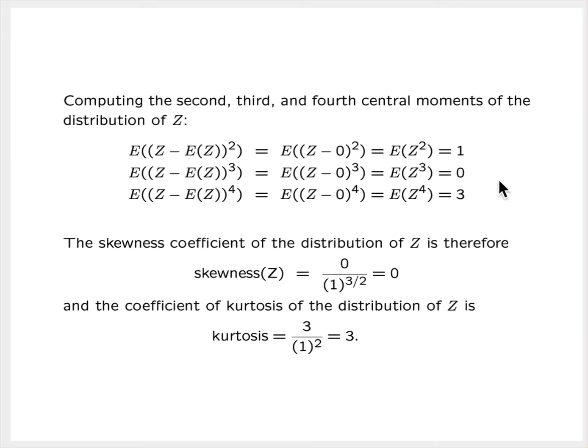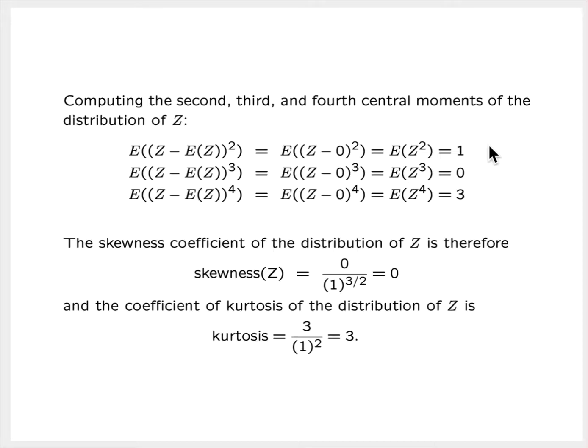Now, using those results, we can also very easily get the second, third, and fourth central moments of the distribution of z. We don't even have to use the expansion formulas because in this case the mean of the distribution is 0. So the second central moment of the distribution of z, which you'll remember is the variance, is equal to 1.